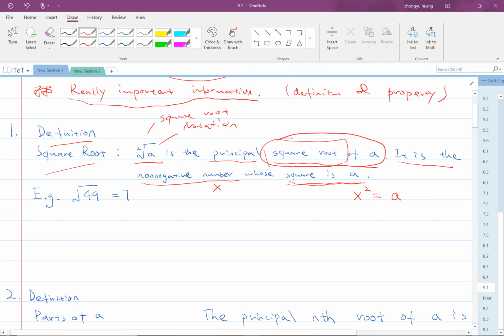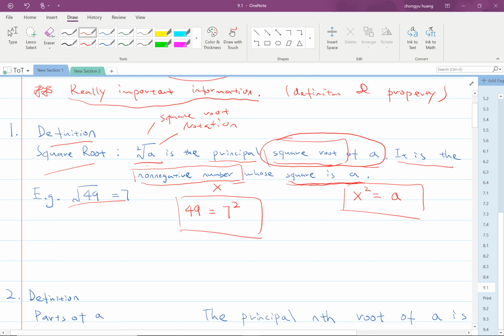Let me use an example down below to show you how it looks. Everyone knows that 49 is equal to 7 squared. So now this part makes sense, because the definition says it is the non-negative number whose square is a.